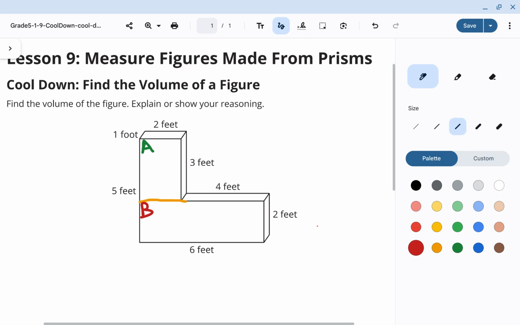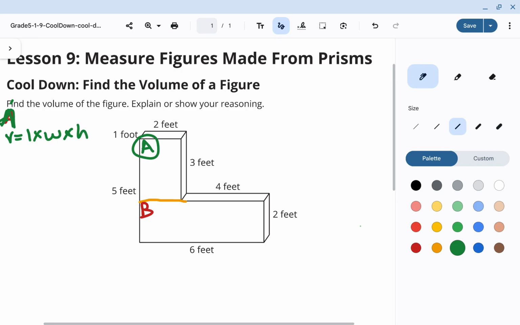We're going to use a similar strategy. We are going to calculate the volume of prism A first. Now prism A is this one, the smaller prism. We are still going to use the idea of building our expression by multiplying together the 3 dimensions.